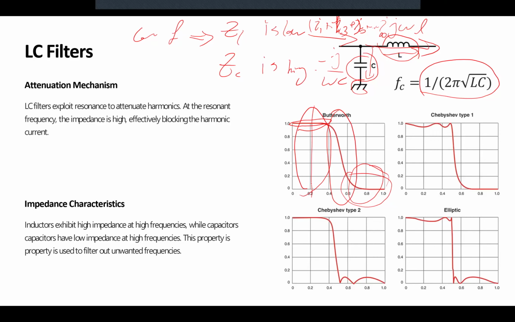The next harmonic for the power grid is the third harmonic, right? So it's 180. We want to make sure that 180 falls in the damping area. So this cutoff frequency should be somewhere between 60 and 180.